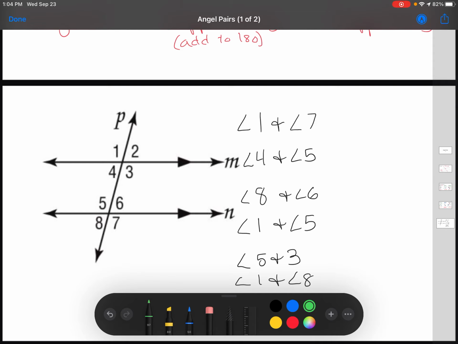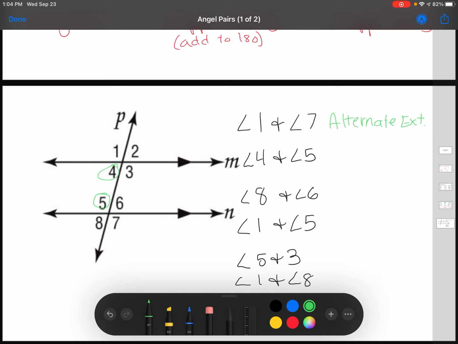Okay, we're going to name the angle pair. So angle 1 and angle 7, like 1 and 7. They're both on the outside, so it has to be one of my exteriors. And since they're on opposite sides of it, I know they're alternate exterior.